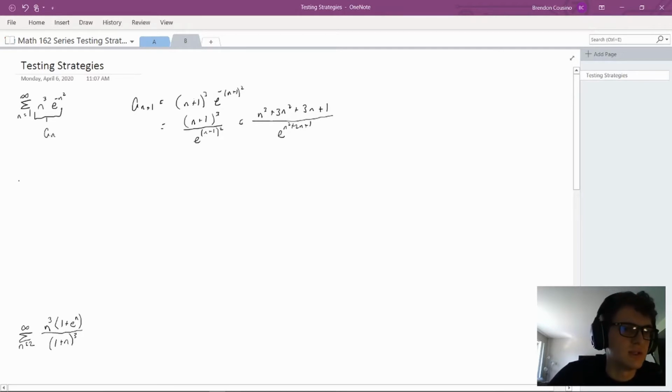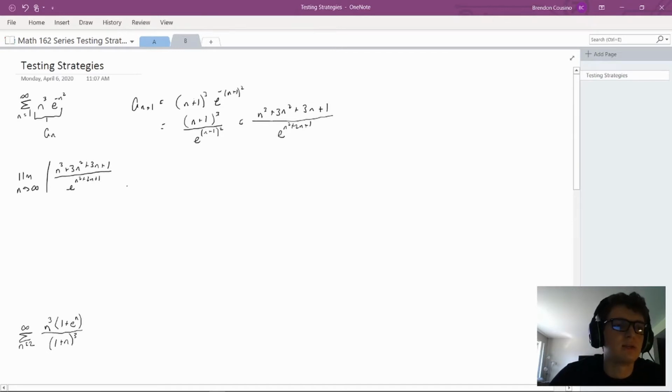So now let's go ahead and do the ratio test. We're going to take the limit as n approaches infinity of the absolute value of a of n plus 1, so that's this term that we just wrote out, n cubed plus 3n squared plus 3n plus 1 divided by e to the n squared plus 2n plus 1.